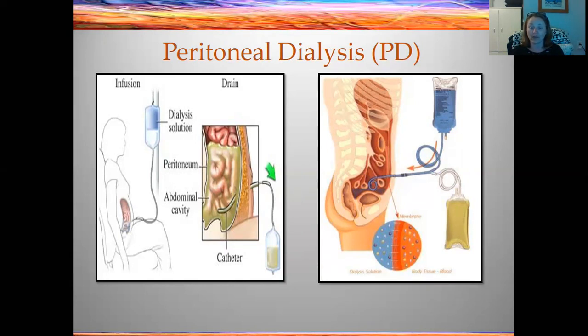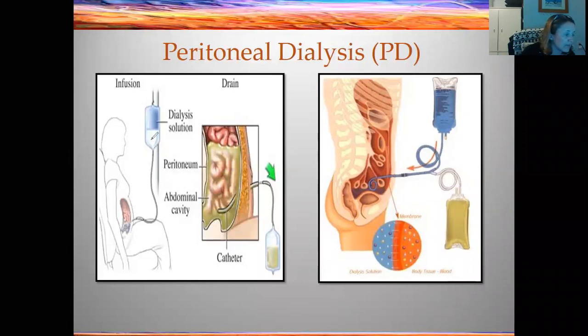So the waste products are going to go, just like they do with hemodialysis, from the area of higher concentration to an area of lower concentration, which is going to be that dialysate fluid, through that semi-permeable membrane of the peritoneum. So let me get my little pencil.